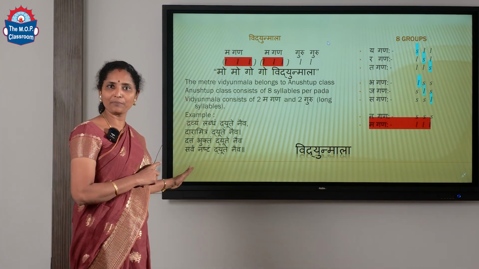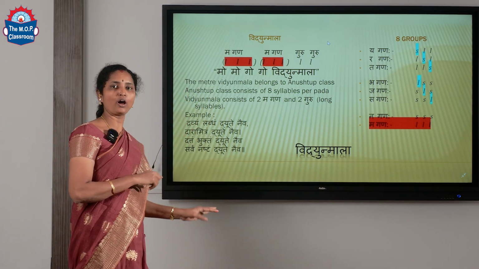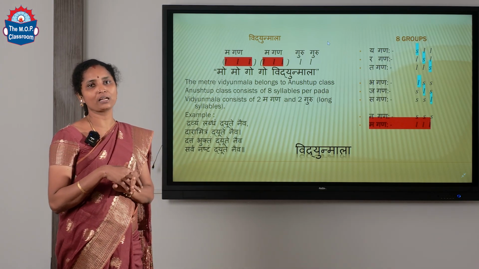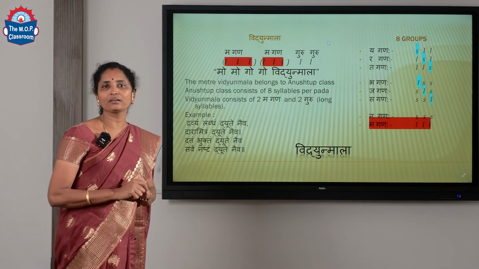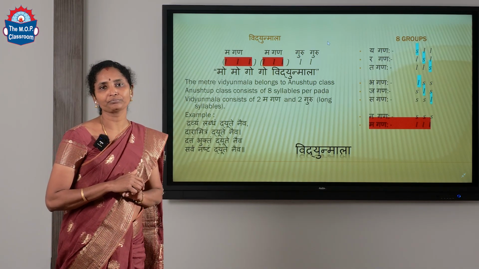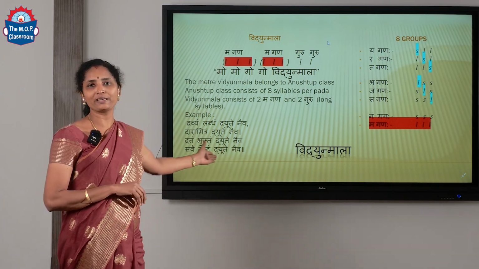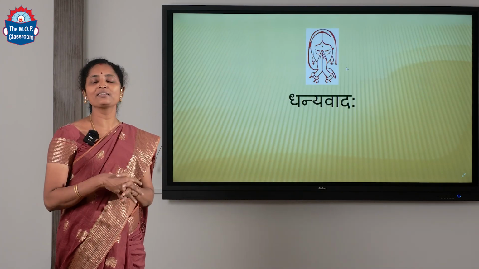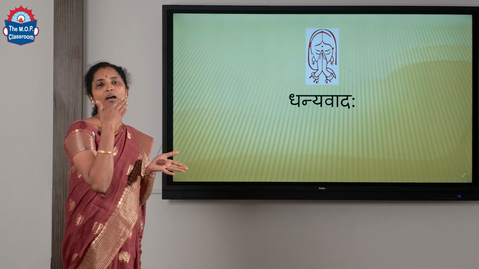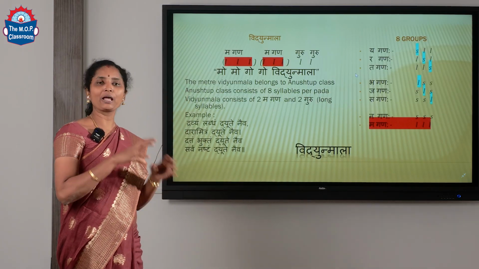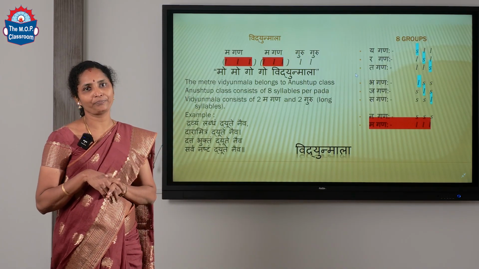So 8 syllables, all 8 are long syllables, hence it comes under the meter Vidyunmala. Hope you understand this meter Vidyunmala, and whatever the shloka is given to you, you can just classify this and then you can put the ganam and find out what is the meter.